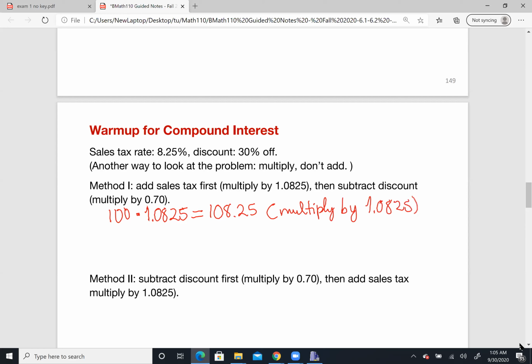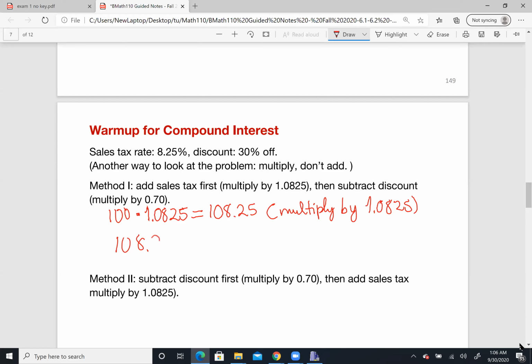And then subtract the discount, right? So instead of subtracting 30%, I'm just going to say I multiply by 0.7. It's similar to the way I derived it, but it should be the same. So now I'm going to have 108.25.